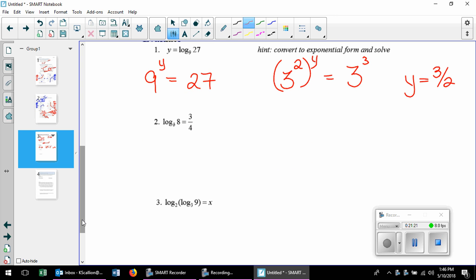So we've got base b to the exponent 3/4 equals 8. People really struggle with this one.